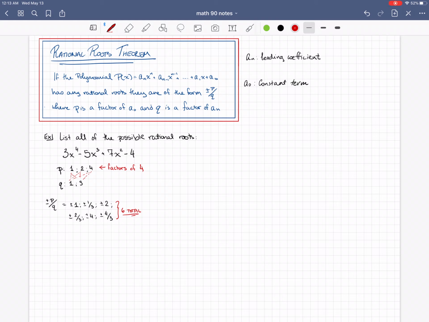Now, if we actually wanted to test if any of these is a rational root, well, we just finished talking about synthetic division in the last lesson, so we can actually go ahead and use that. So I'm going to take this opportunity to use what we learned in the last lesson. So I'm going to pick one of these, or actually a couple of these at random.